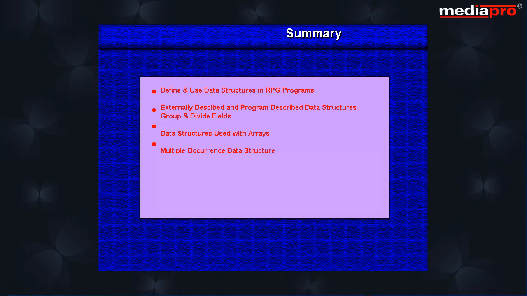We also saw how data structures can be used with arrays. We looked at multiple occurrence data structures. And finally, we saw some of the special data structures like the data area data structure, file information data structure, and program status data structure.